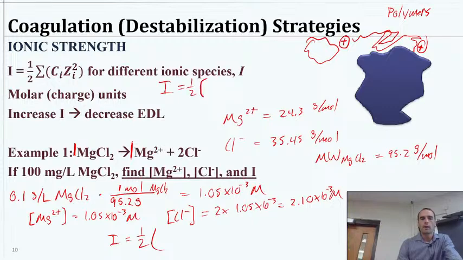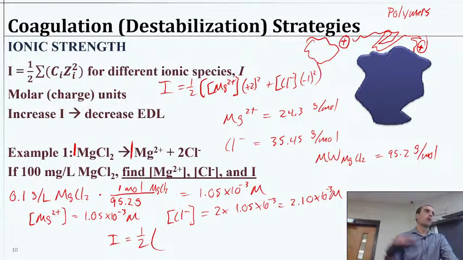Should be 1/2 times concentration of Mg2 plus times its charge, 2 plus squared, plus the concentration of chloride times its charge squared. That'll be my equation for ionic strength. Right? That's the sum of the concentrations times their respective charges squared, all times 1/2.